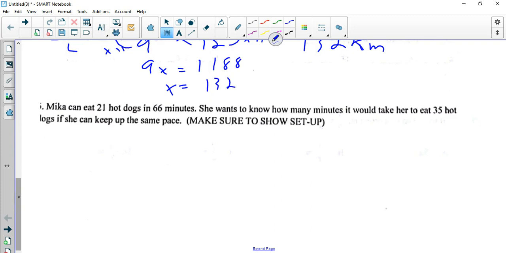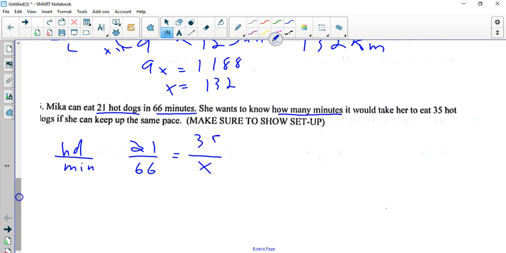Okay, Mika can eat 21 hot dogs in 66 minutes. So that's hot dogs compared to minutes. Again, our magic ratio is 21 hot dogs in 66 minutes. What's our question? How many minutes, that's on the bottom, if she had 35 hot dogs?